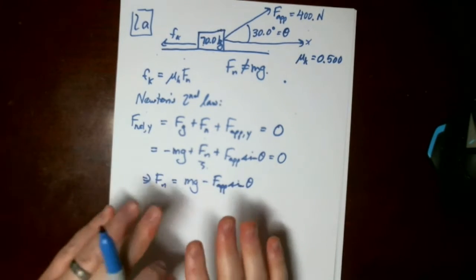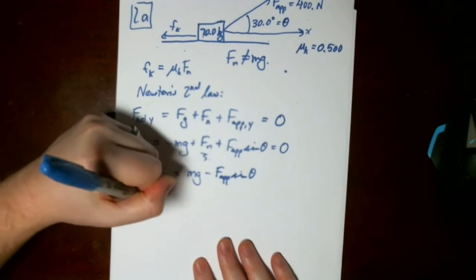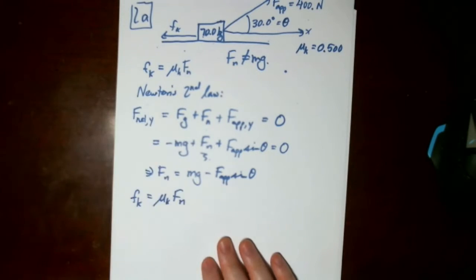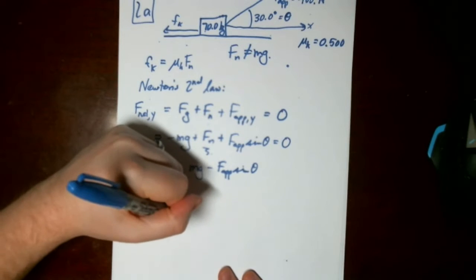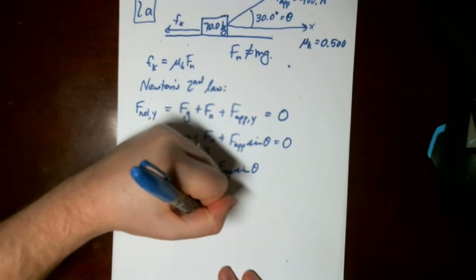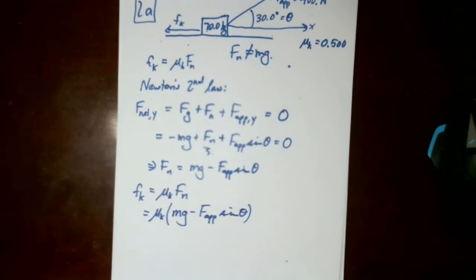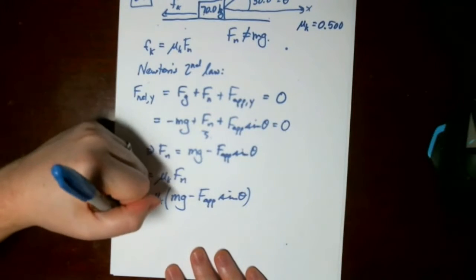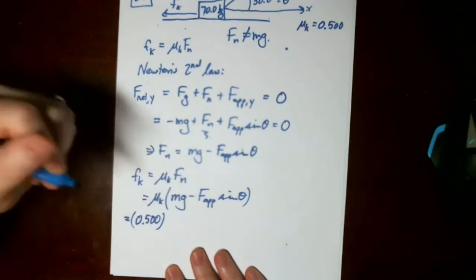So now that we have an expression for the normal force, we can work out what the friction force is. So F sub k, again, is mu sub k times the normal force. And so we have mu sub k times mg minus F applied sine theta. So to substitute things in here to calculate that friction force, we'll have 0.5 as our coefficient of friction.